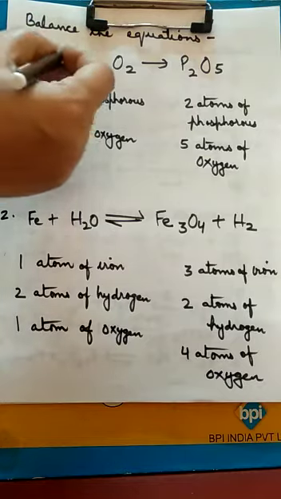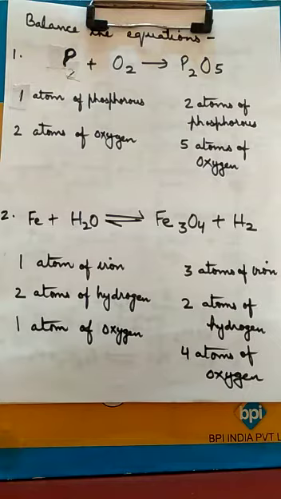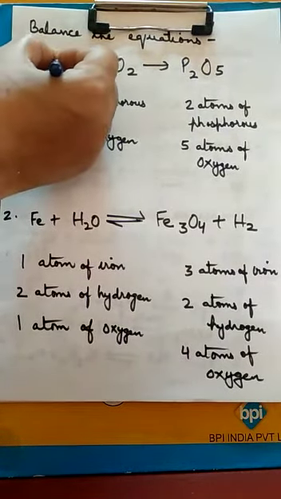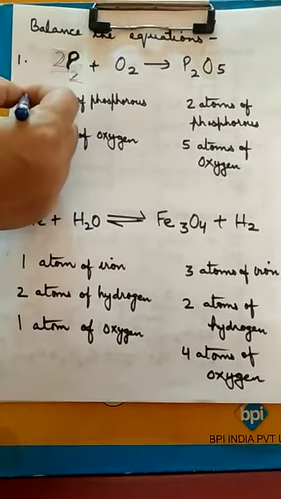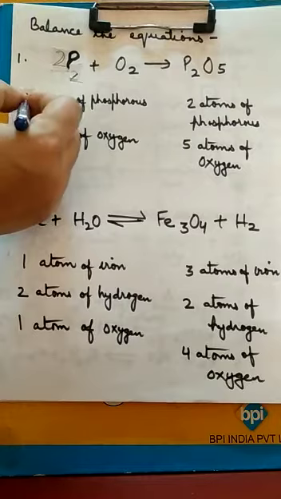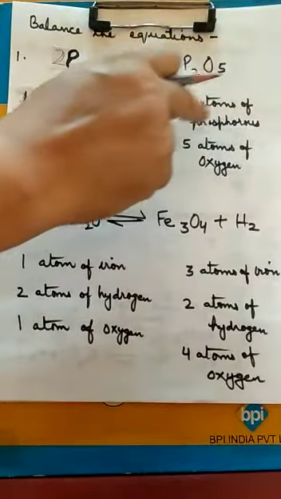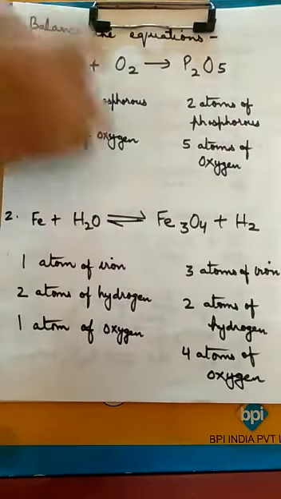So I am going to write 2 before the symbol, and this is again 2. So 2 atoms of phosphorus on both the sides. Now phosphorus is balanced.